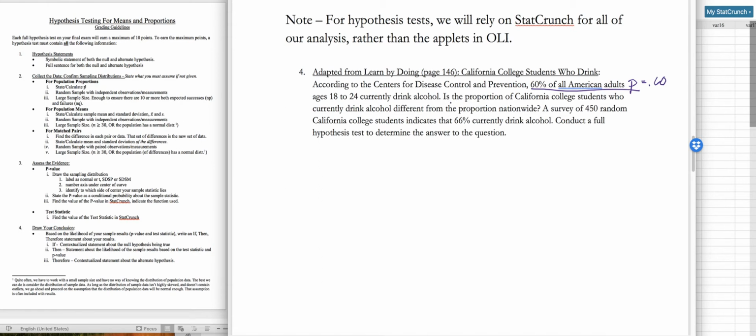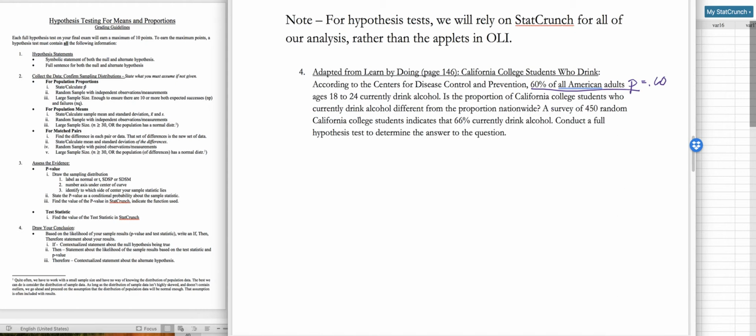Here's our question. Is the proportion of California college students who currently drink alcohol different from the proportion nationwide? So we're going to see if this baseline amount of 60% applies to California college students.